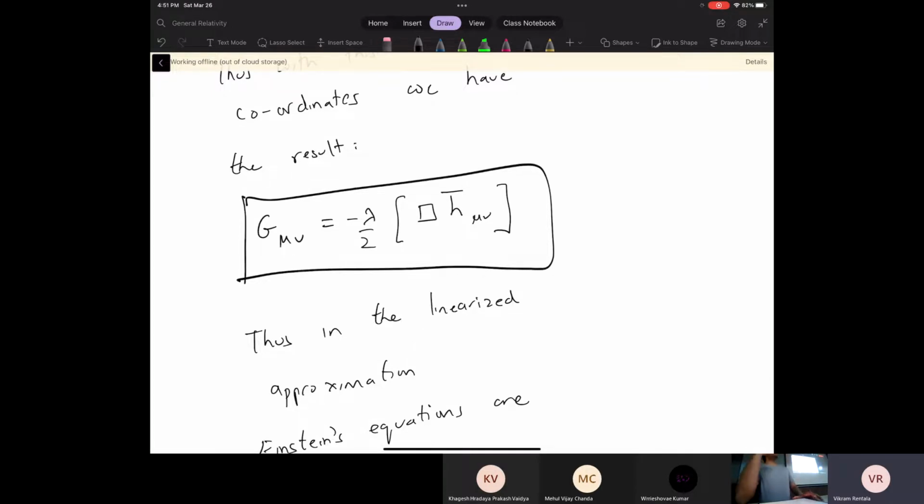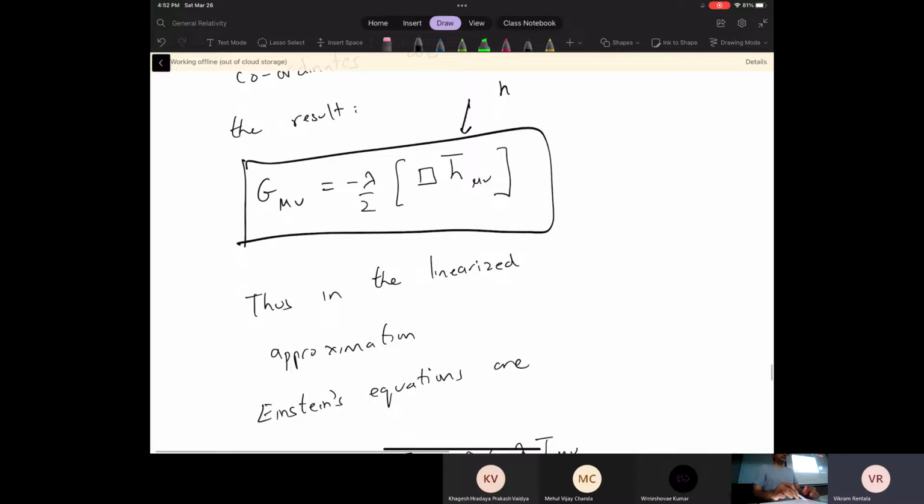This simplification was possible because there's so much freedom in the Einstein equations of changing your coordinate systems. We chose an appropriate coordinate system, and also an appropriate variable. Instead of working with h, we work with h bar. Once we work with h bar and choose these nice coordinate systems, g mu nu takes this simple form. You have to do a bit of work to get here, but it's possible to do this. That's the important point.